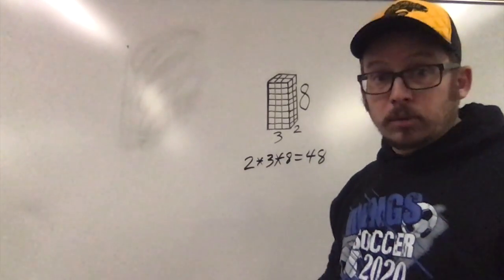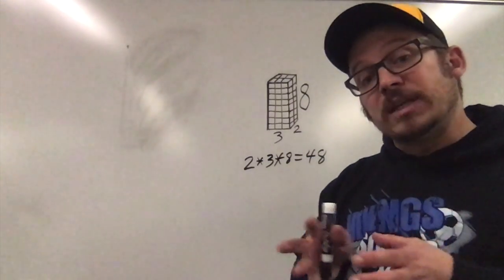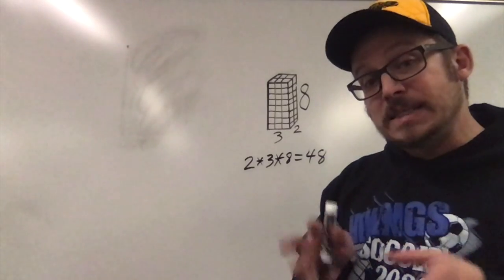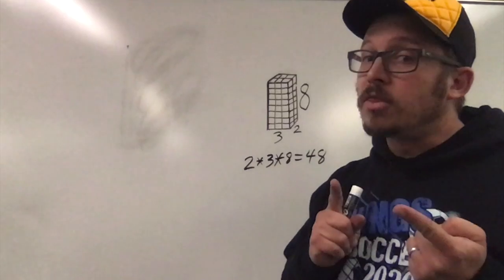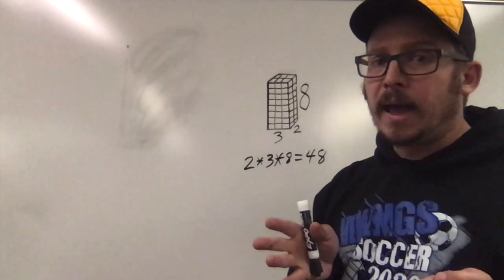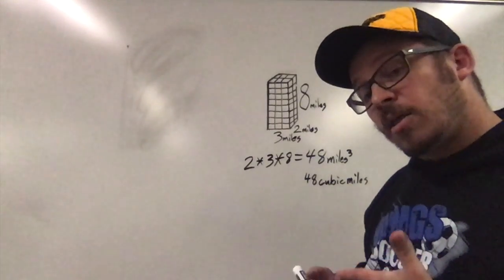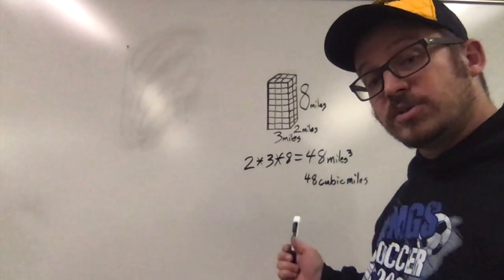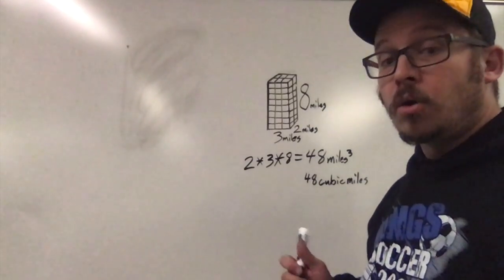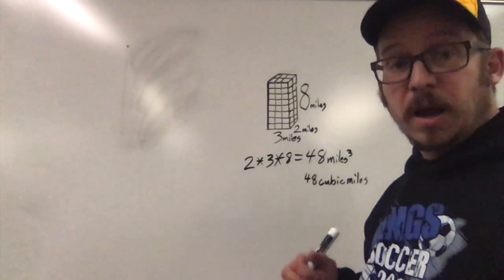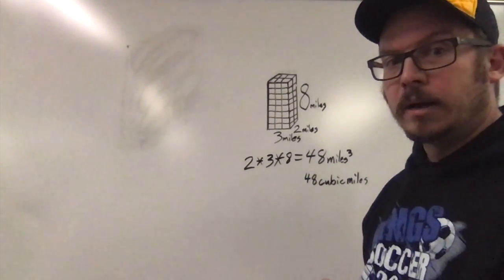So, remember, anytime you're stacking up the cubes to see how many will fit inside a rectangular prism, the measurement is whatever unit you had cubed. You could say it's miles cubed by raising it to the third power. You could write the word miles and the word cubed, or you could write cubic miles.